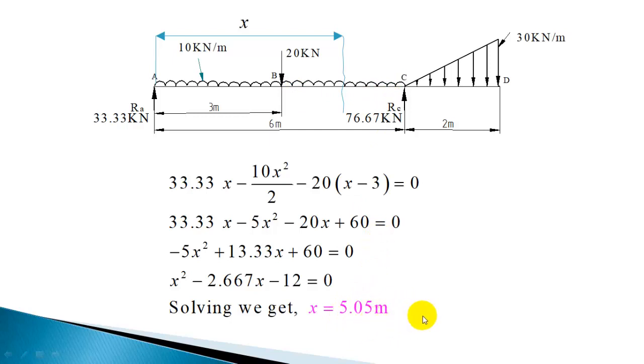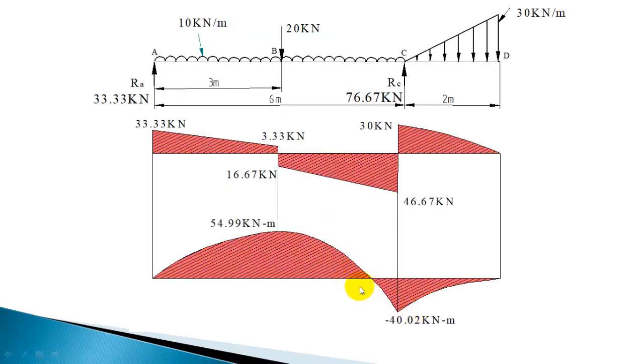Even if you are getting a positive value, you should check whether that value is coming in the section and then take it. So in this case, there is only one point of contraflexure. So that is 5.05 meter away from this point. So there is only one point where bending moment is coming to 0. So that point is 5.05 meter away from the left end.